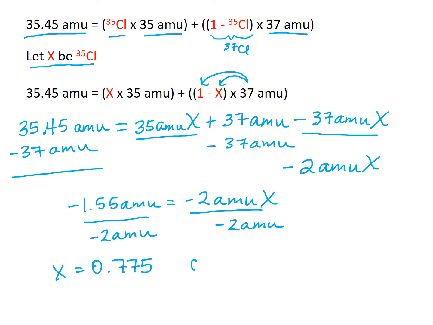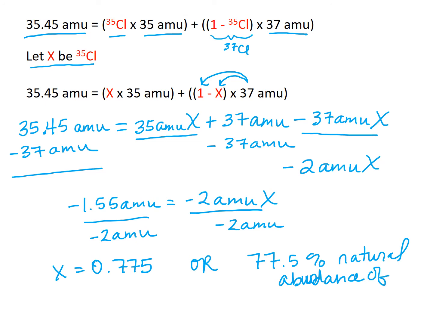Okay, or if I convert it into percentages, 77.5% natural abundance, abundance of chlorine 35.